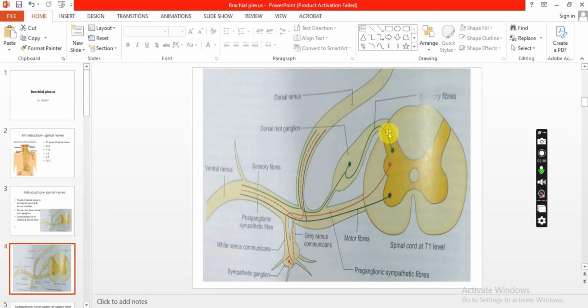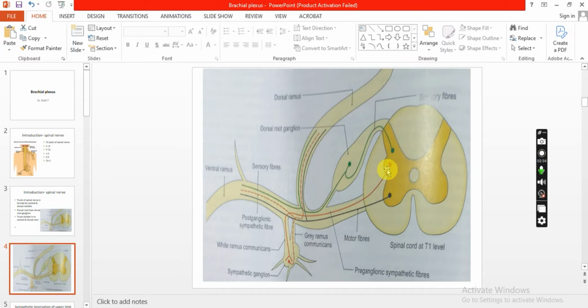So in the region of the dorsal horn we have the sensory nuclei, and in the ventral horn we have the motor nucleus.